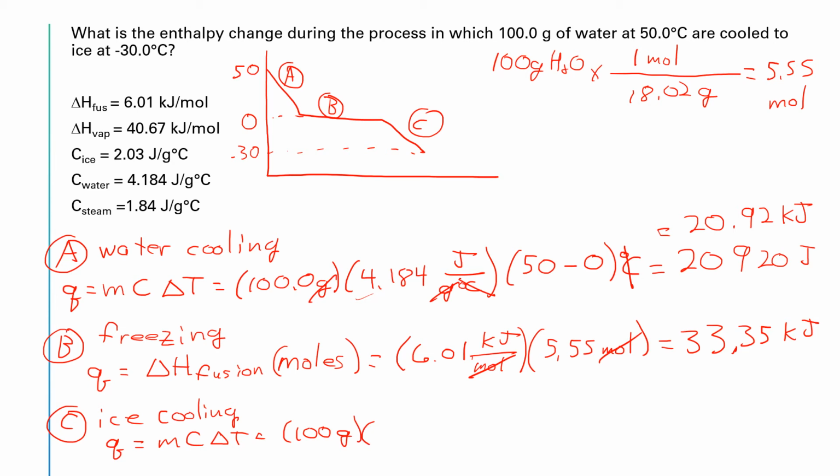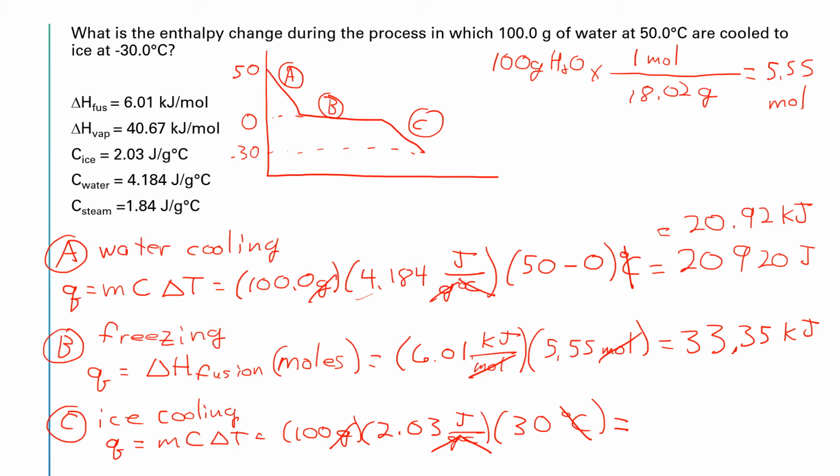The C for ice, now we have to use a different C value because ice and liquid water have different numbers. It's 2.03 joules per gram per degree C. And then our delta T is from 0 to -30, so that's a difference of 30 degrees C. Degrees C cancel with degrees C, grams cancel with grams, leaving me just joules for the unit.